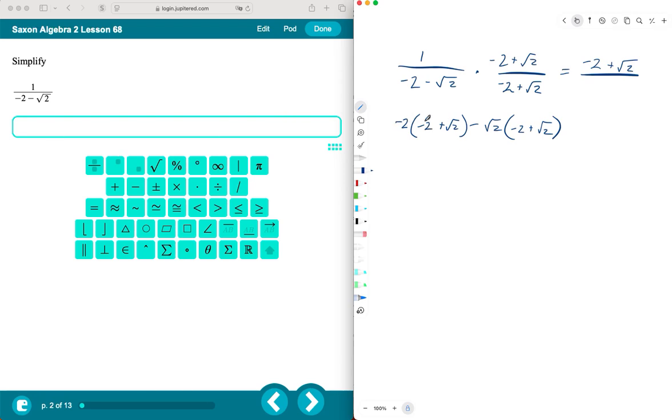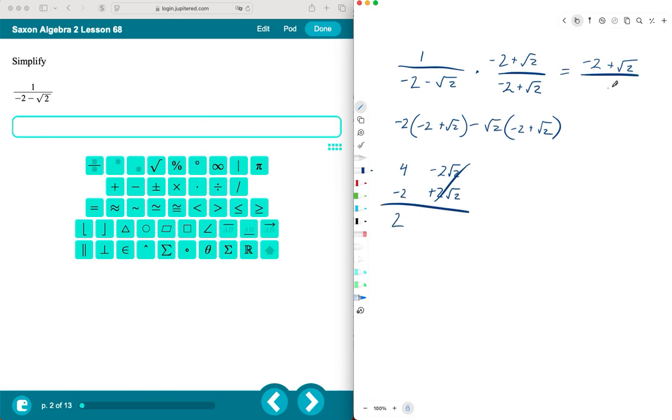So then we just do the distribution. That would be +4, and then a -2 square root of 2. That would be a positive, so that's the opposite, so they would cancel. And then this would be negative square root of 2, positive square root of 2, which would be a -2.